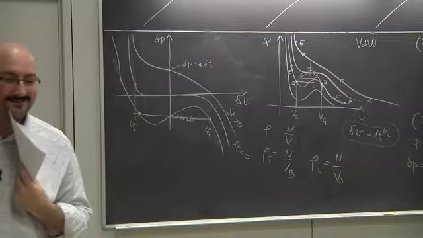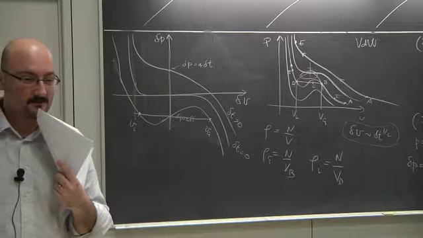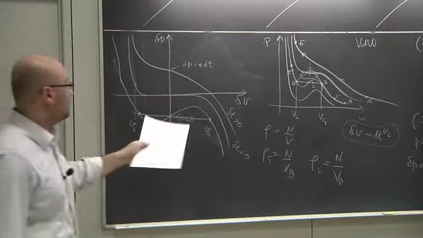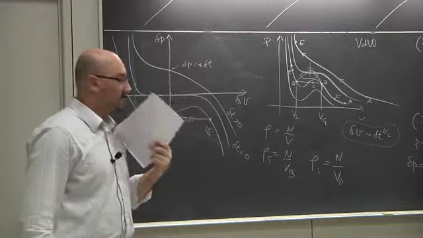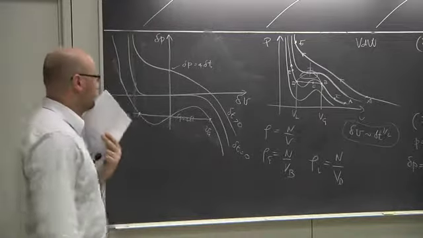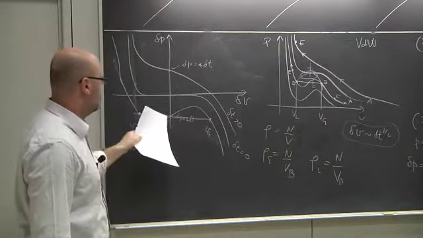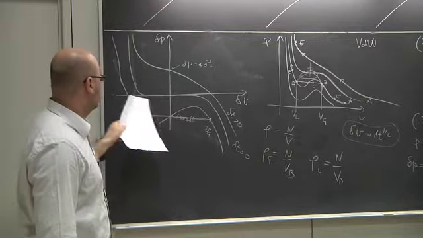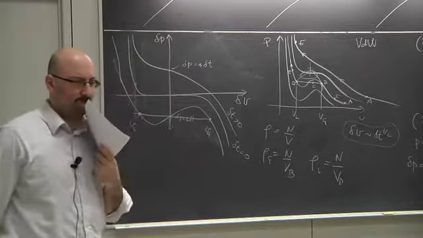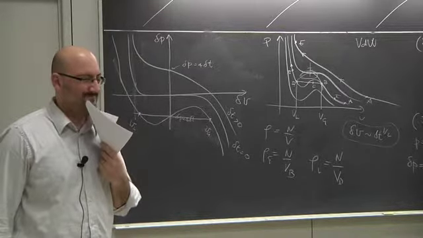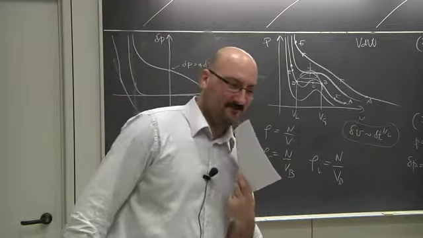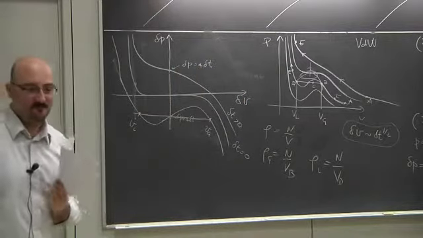For dt greater than 0, dp intersects dv at some point here, and then for dt less than 0, it intersects somewhere here. And the width is like v_g minus v_l, if it is symmetric, yes, just a line which yes, very good, very, very good.